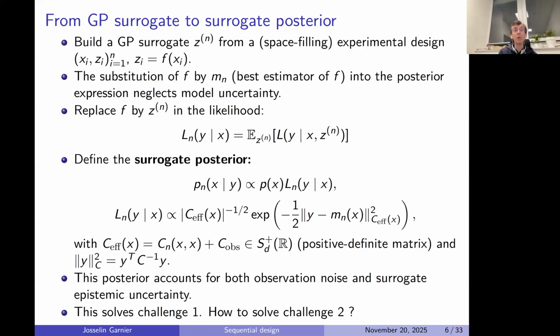Okay, so now we know how to build a surrogate model of our complicated function f. So you consider a data set, pairs of input output, zi equal f of xi, and now you have a Gaussian process surrogate model, Zn, to use as a surrogate model for f in the posterior distribution p of x given y.